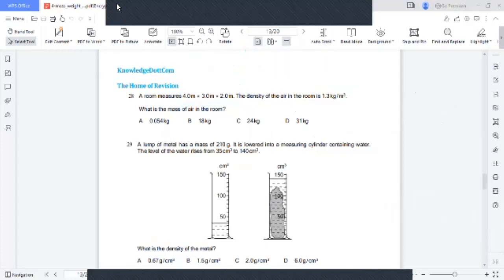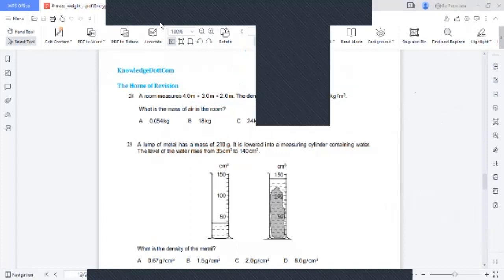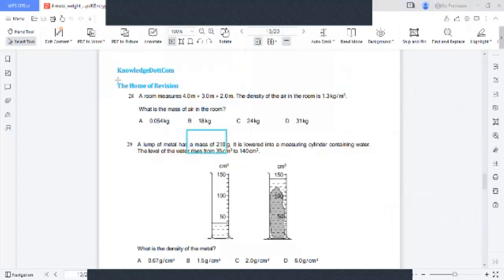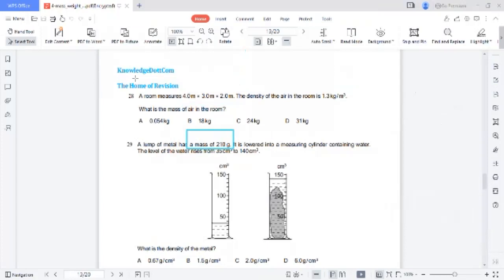Okay, next is the lump of metal has a mass of 210 grams. It is lowered into a measuring cylinder containing water. The level of water rises up to 35.